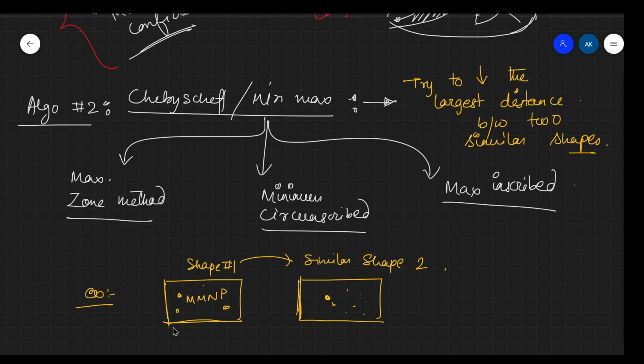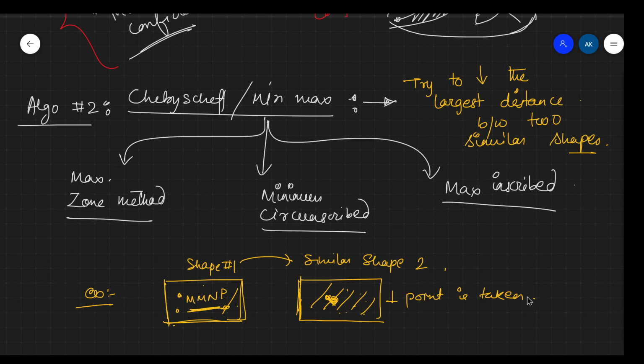As this and this are similar, you have already taken the MMNP on this surface. Try to minimize the distance between them, and on this you take only 1 point. Then the machine will automatically construct a similar surface over here. So on shape 1, MMNPs are taken. On shape 2, only 1 point is taken. This is the whole funda of this.